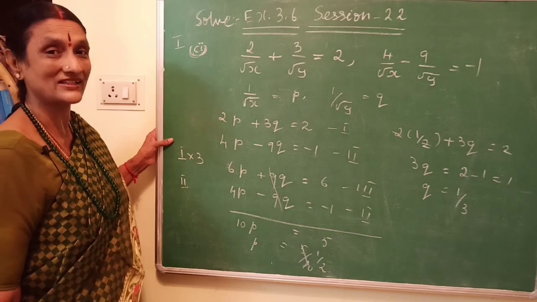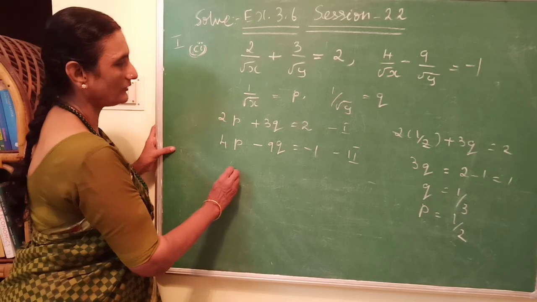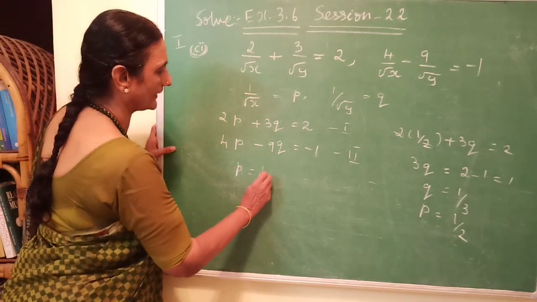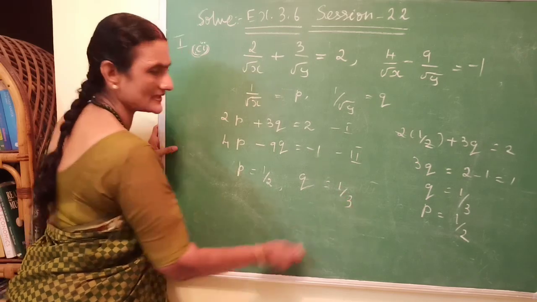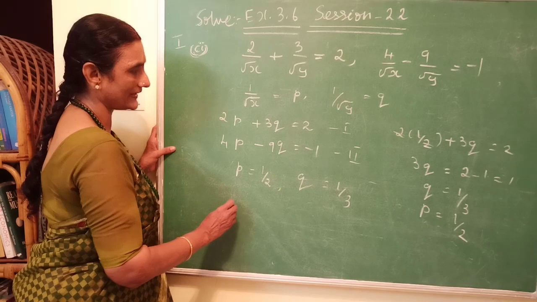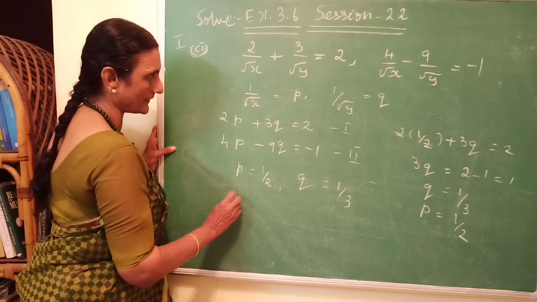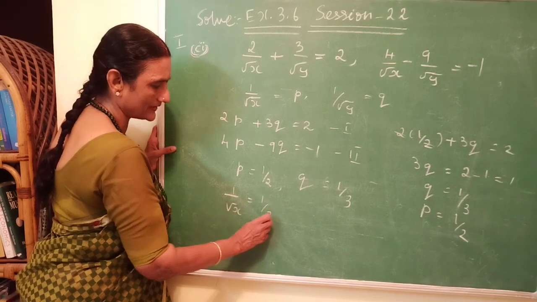But that is not the solution. Now we have got p is equal to 1 by 2, q is equal to 1 by 3. These are not the solutions, as I have told you. So from this you have to get the value of x. How do we get it? p is equal to 1 by 2 means 1 by root of x is equal to 1 by 2.